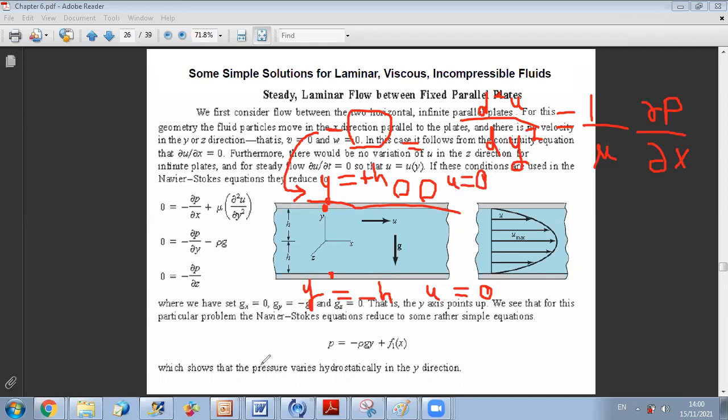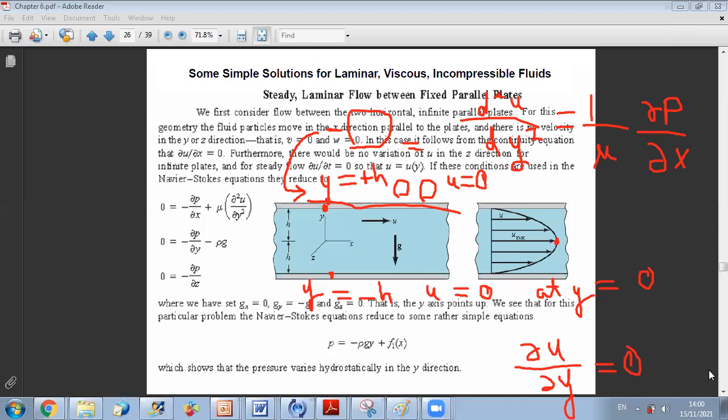Okay? Another possibility is to use the symmetry condition. Because you have symmetrical flow, you will be sure that the maximum will be at the center line. So another boundary condition that is possible to write is that at y equals 0, del u by del y is 0. Okay? So you can choose any two of these three conditions to get your C1, C2.